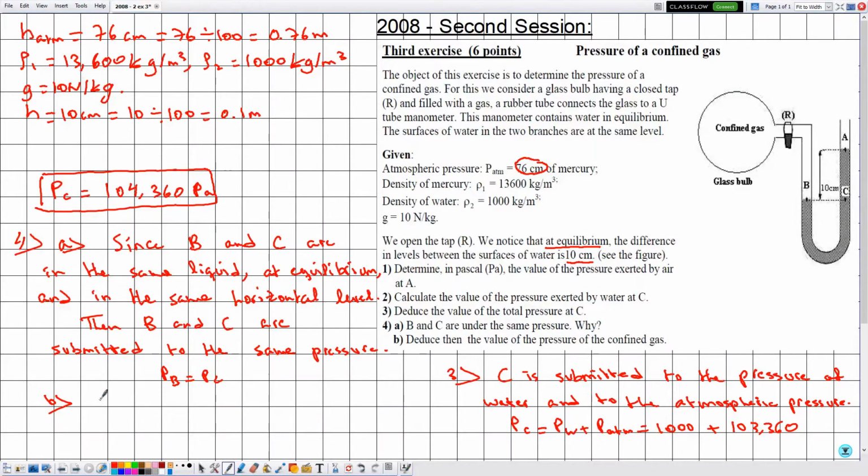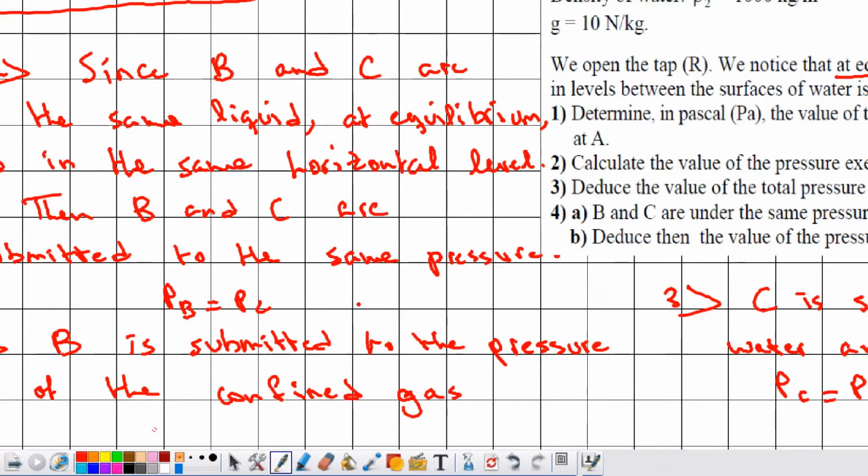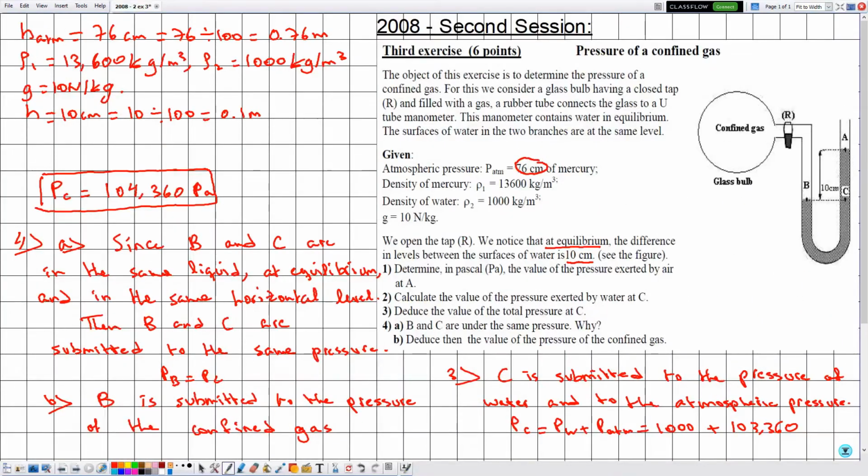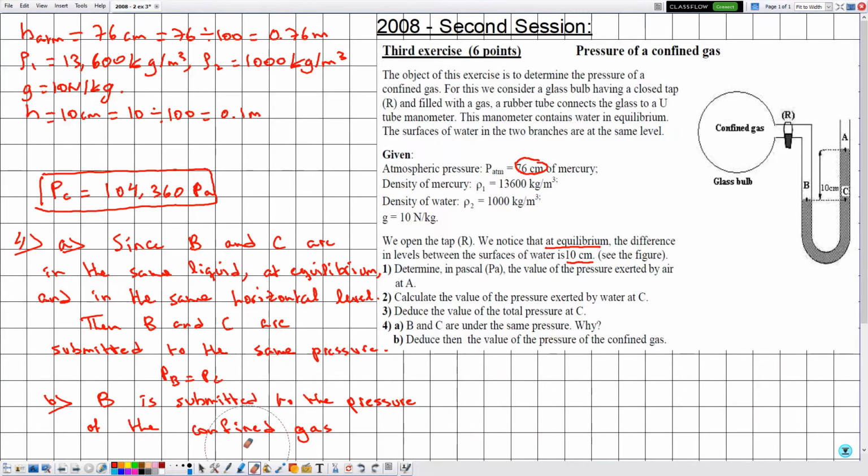So let's say first B is submitted to the pressure of the confined gas. They usually give half a mark for this statement. So if we determine the value of the pressure at the point B, then we have determined the pressure of the confined gas.